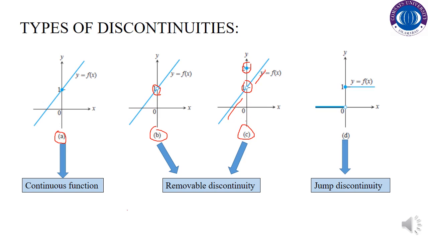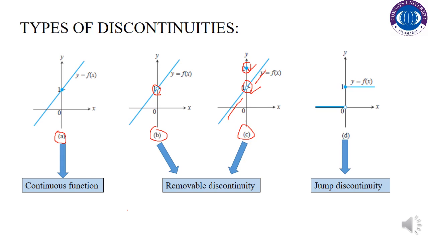So the limit exists and the function is also defined at 0, but this function is discontinuous because the value of the function at that point and the value of the limit at that point is different. So if we have this type of discontinuity, we call it removable discontinuity.